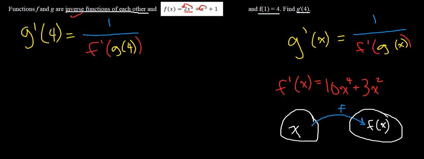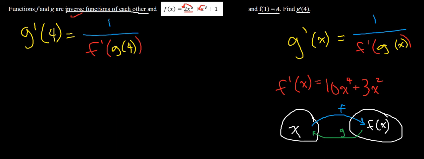Because they are inverses, if we put that output f of x into g, it gives us our original input, because f and g undo each other.